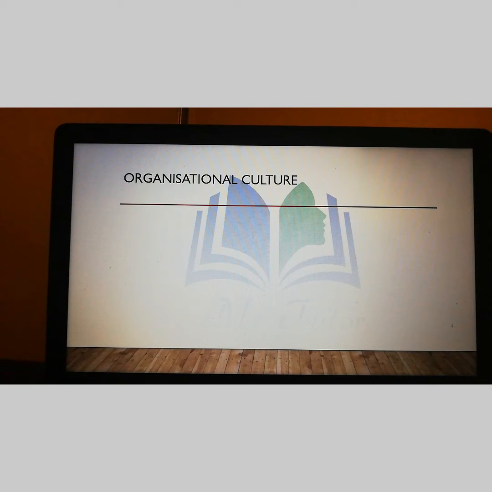Now the second factor, remember the first factor is the vision, mission, goals and objectives, and the second factor of the microenvironment is the organizational culture. Now this is the personality or the way of life of the business. The organizational culture is made up of employees who have different values, cultures, beliefs and attitudes.